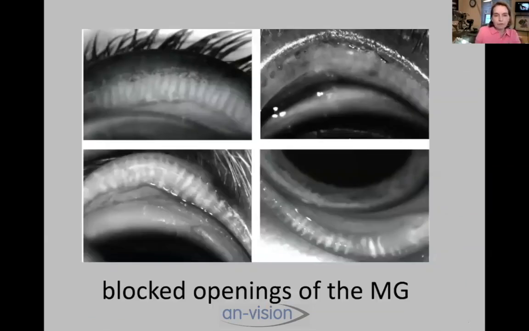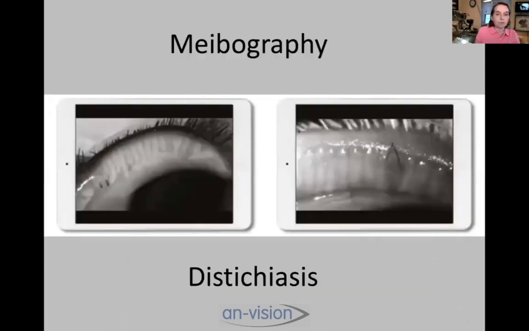You can see those blocked ducts. You can see accumulations and dropouts of entire meibomian glands. They don't do anything, they just sit there, and they are maybe blocked too long and have atrophied. You can also see that different types of secretion are sitting in the meibomian glands. This is the type of picture that you would get.